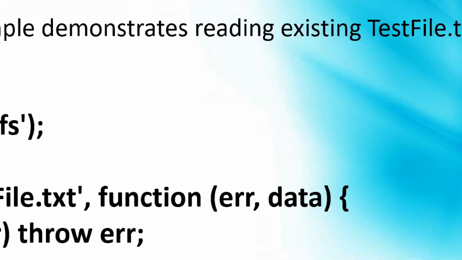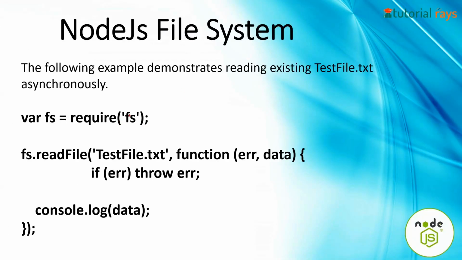So once again, there is a module called fs, which we need to require, that means file system. Here we will do fs.readFile testfile.txt. Then if there is any error, it will show the error, or else the data. If error, throw error, else console.log data.